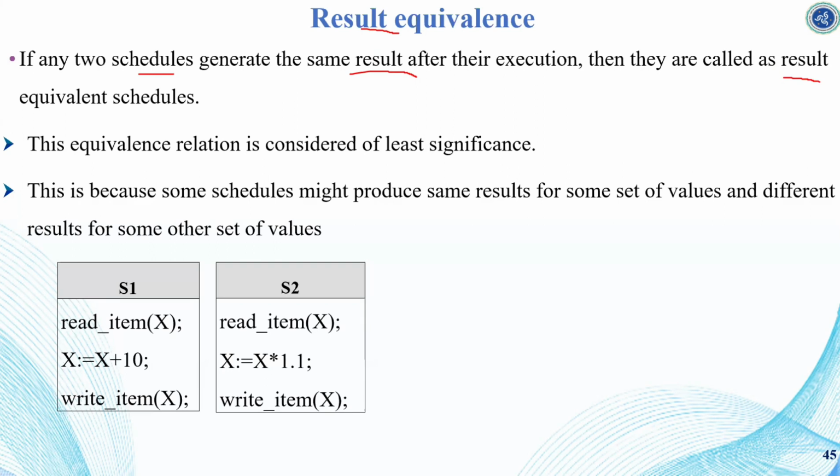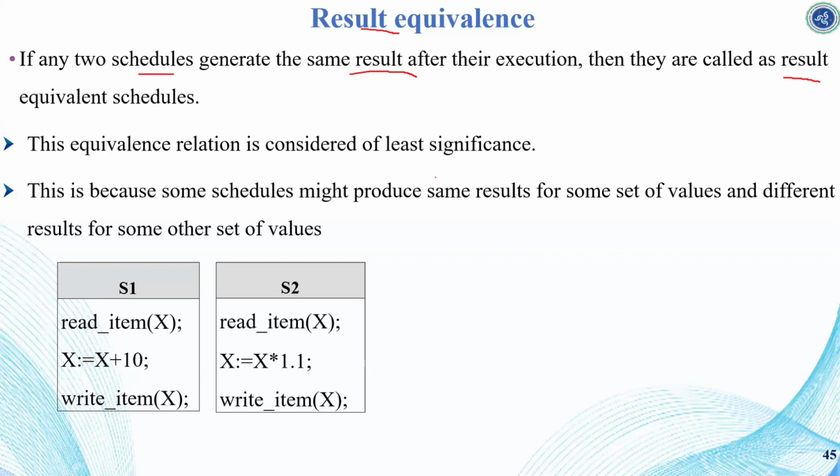This relation is considered the least significant because most of the time the schedules may not give the same value after executing all the operations; the data values will be different. So we do not consider this type of equivalence for checking serializability.